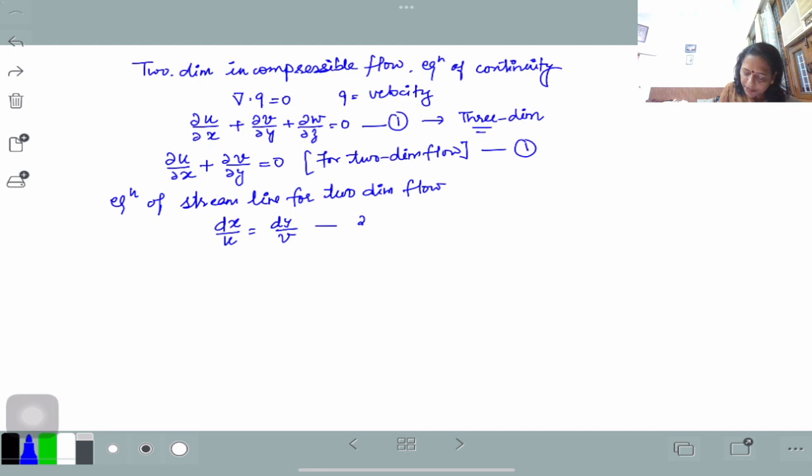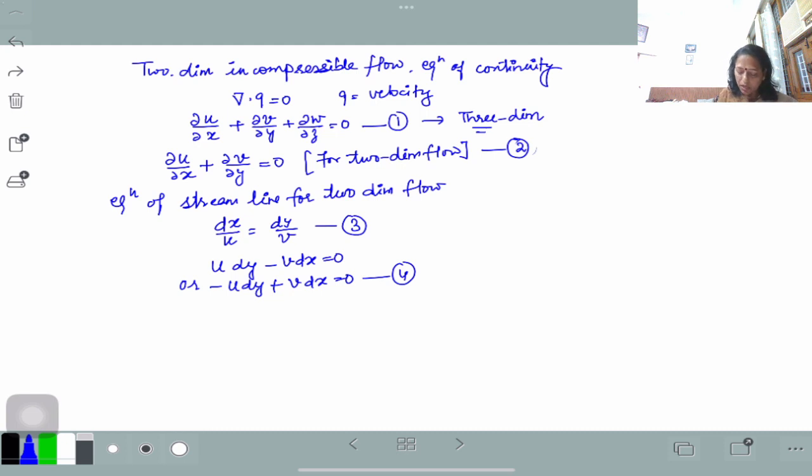I may also write this equation 3 as u dy − v dx = 0, or I may also write it as −u dy + v dx = 0.